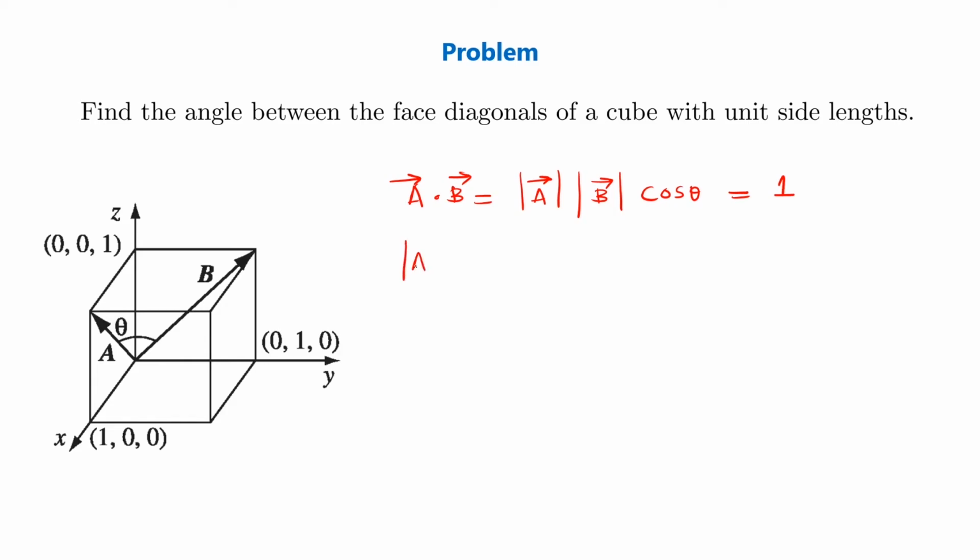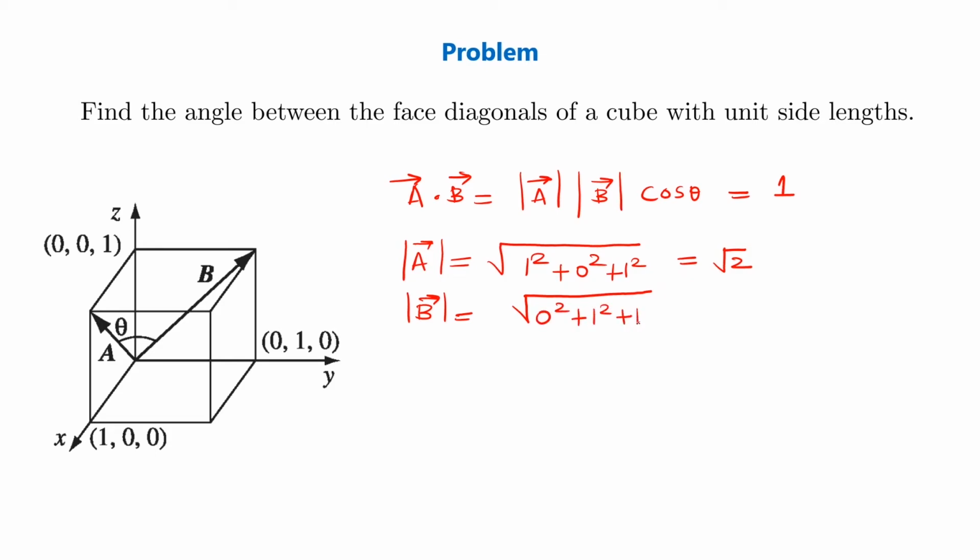Now modulus of vector A is equal to square root of 1 square plus 0 square plus 1 square, so that is equal to square root of 2, and modulus of vector B is equal to square root of 0 square plus 1 square plus 1 square, so that is equal to square root of 2.